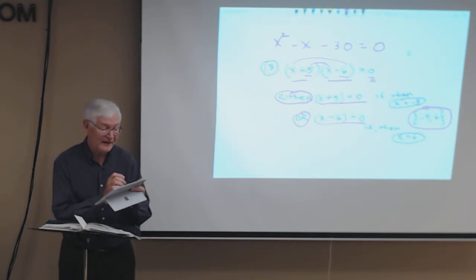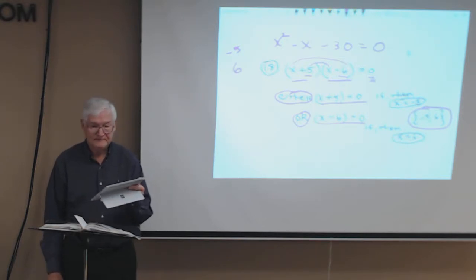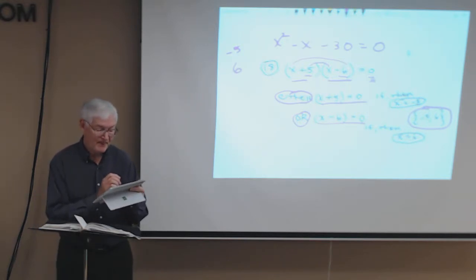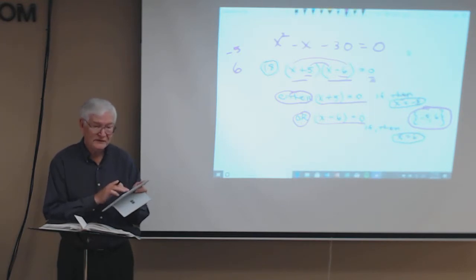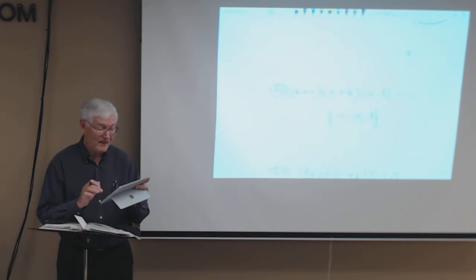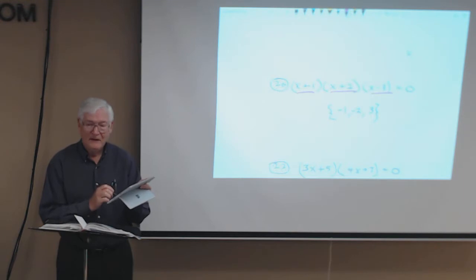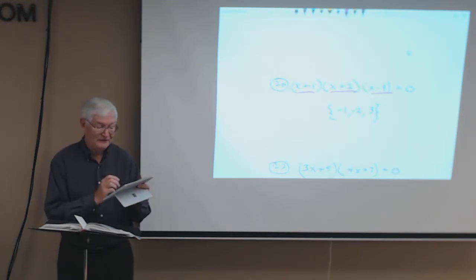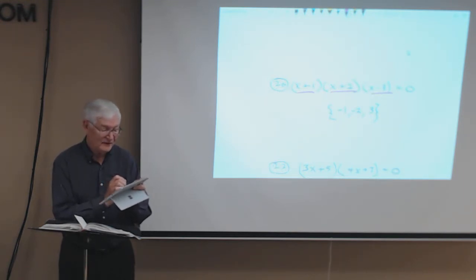That means I could put a negative 5 in up here, and I would get a true statement, or I could put 6 in up here and I would get a true statement. All right. Questions? Number 20. Now they did 3 of them. So that means I have 3 choices. Either x plus 1 is 0, or what?